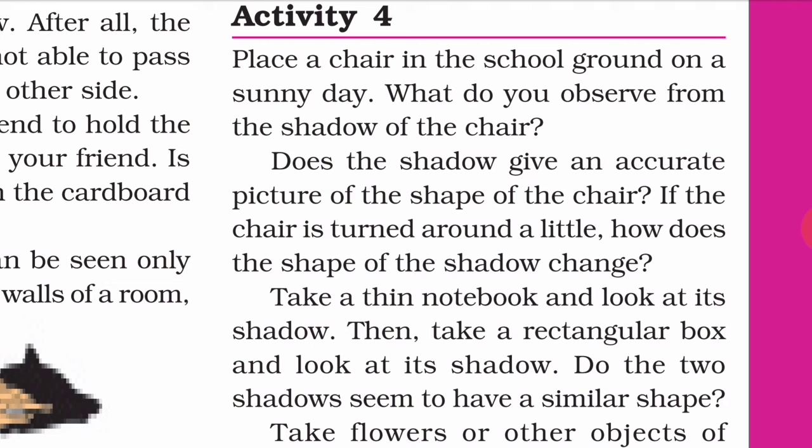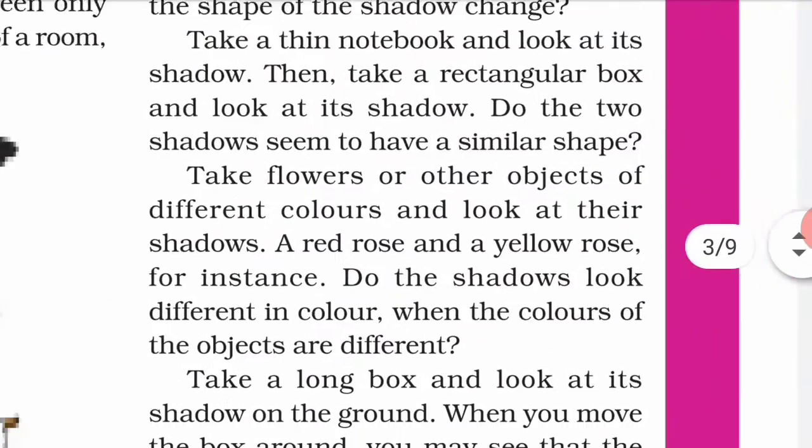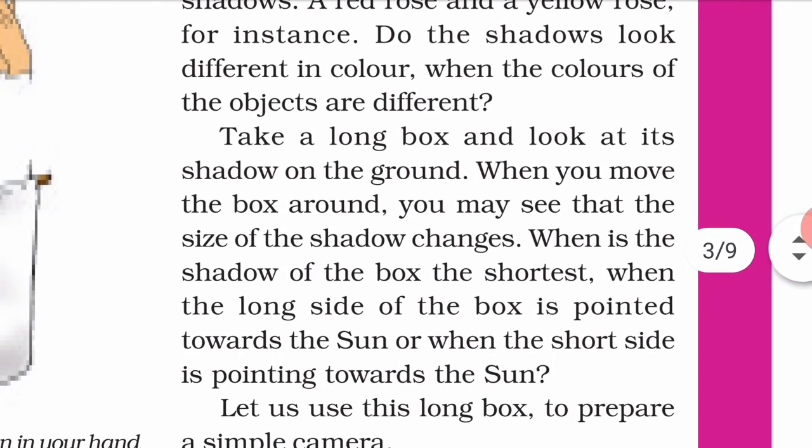And if you are holding a rectangular box in one direction and then you change the direction, the shadow will also change. So this means that the shadow is never the same; it keeps on changing. It depends on how the light is falling on it.